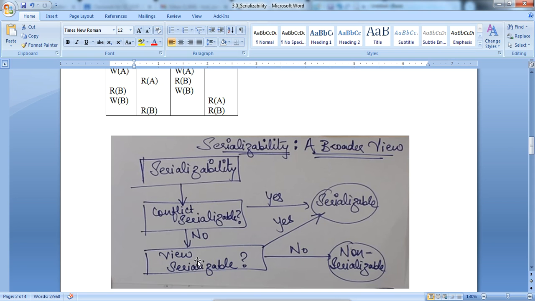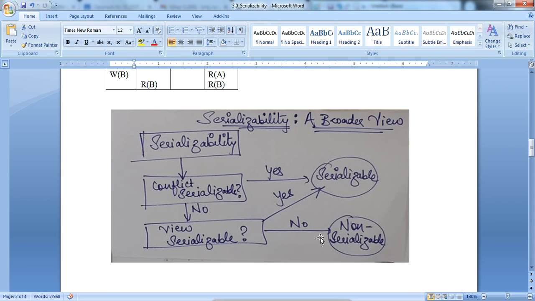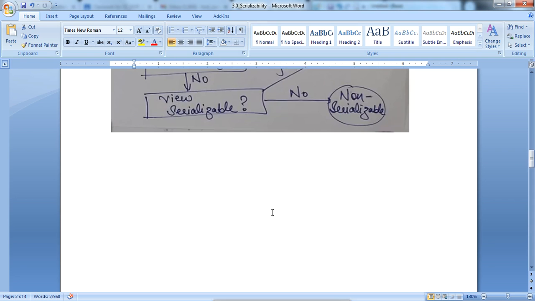If it is view serializable, then we can say that it's serializable, and if it is not, then it's non-serializable. We cannot change a given schedule to make it serializable.